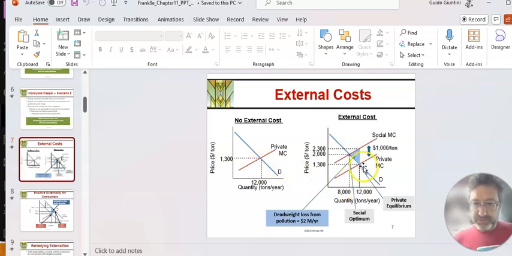On the graph on the right, you can see an extra cost, and this is the social marginal cost. That means there should be less supply. Supply moves to the left, and there should be less available at a higher price. But in reality, unless something is done, that usually doesn't happen. So you have an excess of production and consumption of something that is not good, because the cost is incurred by somebody else.